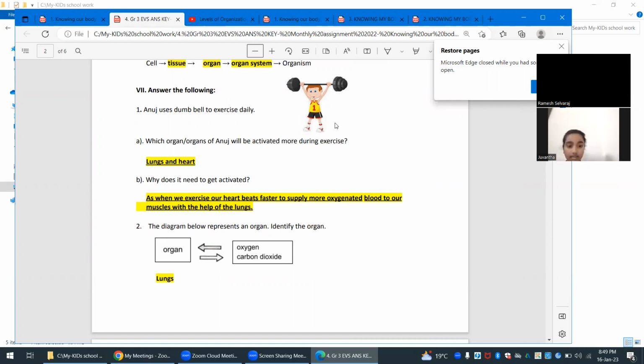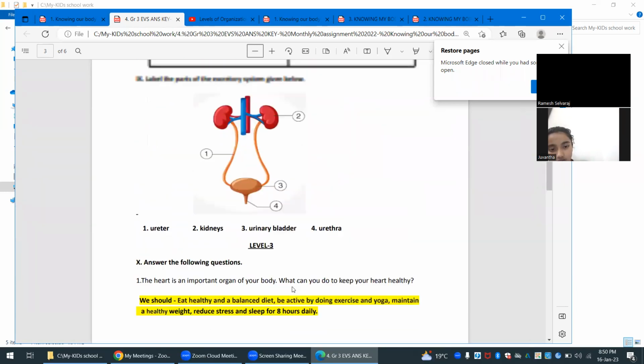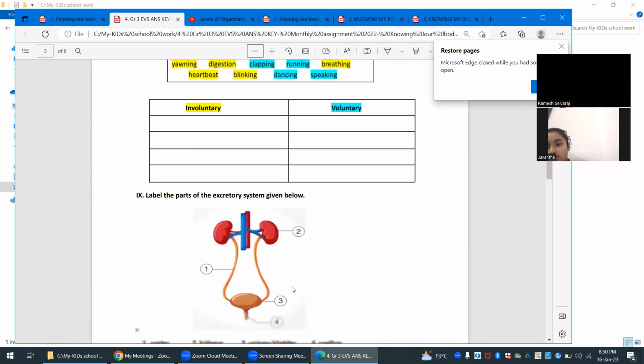Why do they get activated? Because the heart pumps blood super fast when you're exercising, running, jumping, walking, not sitting. Which organ helps us to get oxygen and carbon dioxide? Lungs. Right.